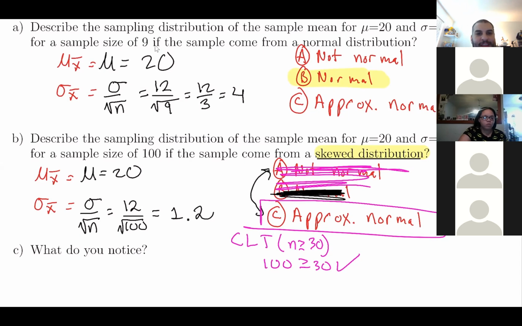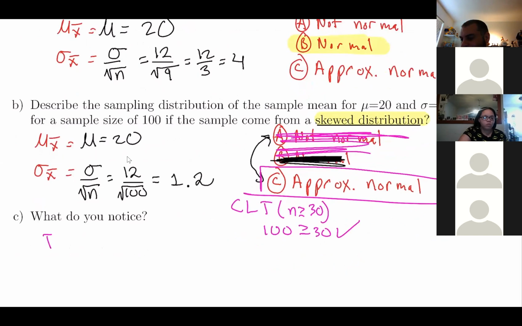Whether it's skewed or normal has nothing to do with your sample size. But one thing that we notice is about the standard error. What happened to the standard error? Because in one we got a standard error of 4, and in the other we got 1.2. But for both of them, we had a standard deviation of 12.